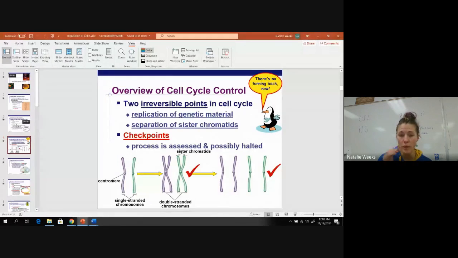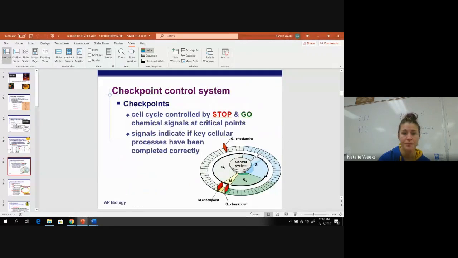So your cells are going to make sure that those chromatids got separated, and it's going to make sure that that genetic material got copied correctly. With these checkpoints, they are the stop and go point, and they're going to send out chemical signals to the rest of your cells to indicate if it happened correctly.